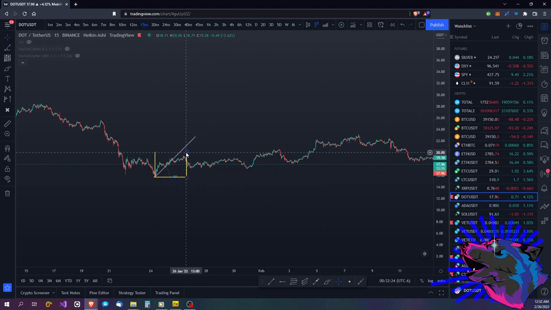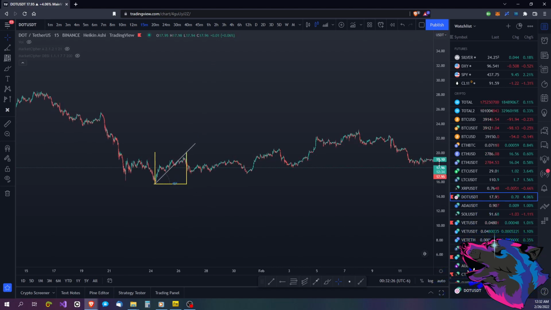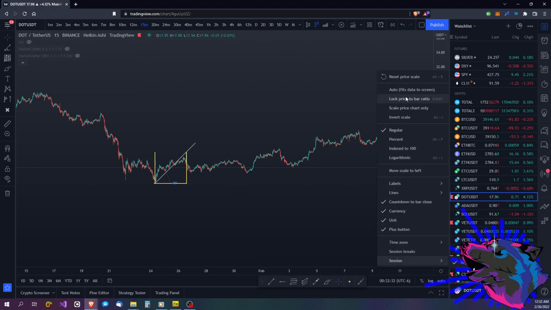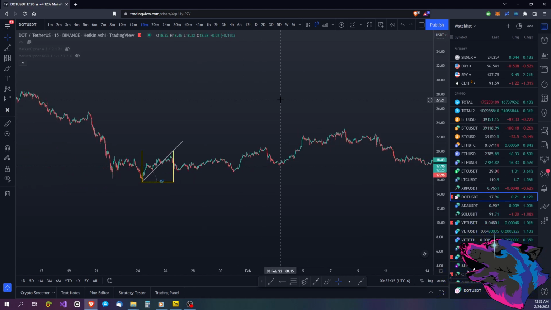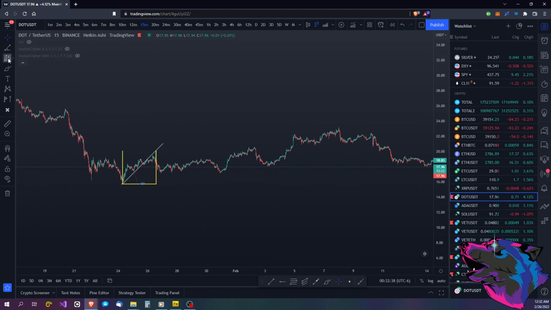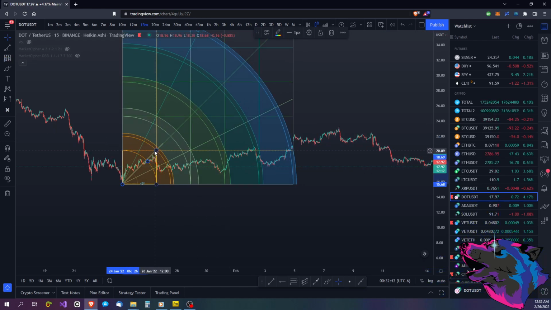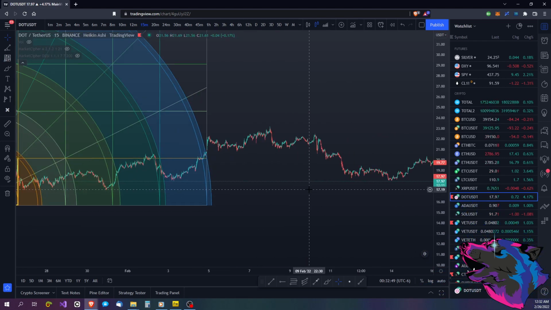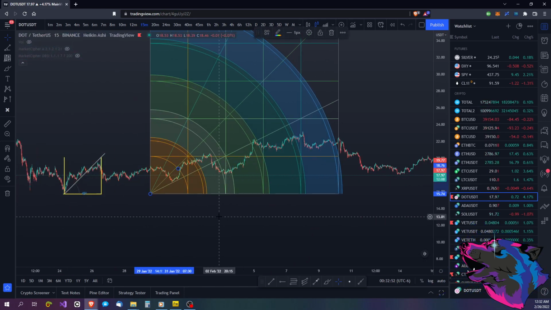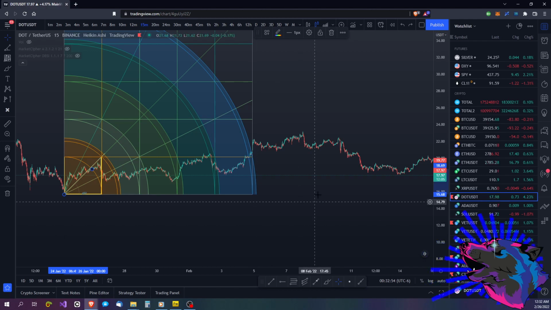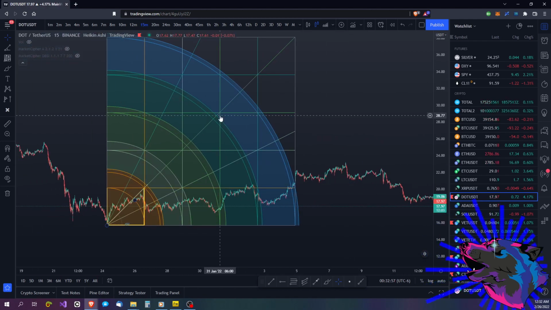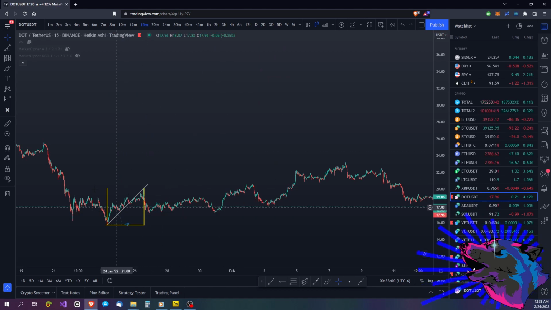So there's 45. So you want that point to intersect with the 45. Now you got a 1-to-1 ratio square. Come in, lock price to bar ratio. And then you could line that 1-to-1 intersection up with the high point. And now it'll stay there. Oops, unless you drag it like an idiot like me. So yeah, that's really all there is to that one. It's the same thing as the other, just fixed ratio.